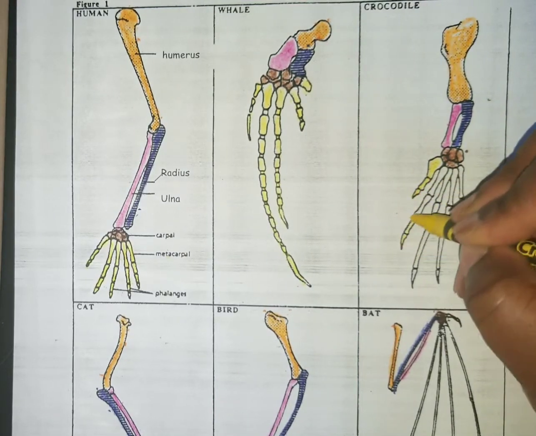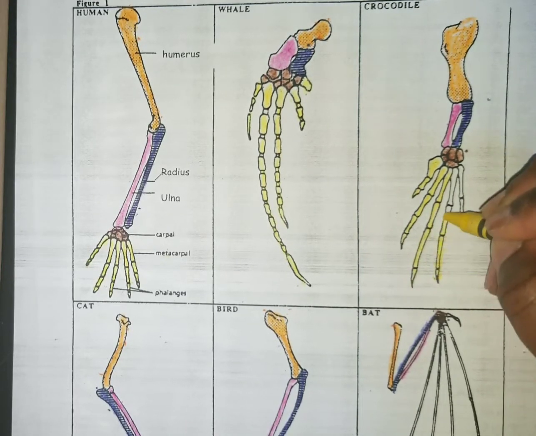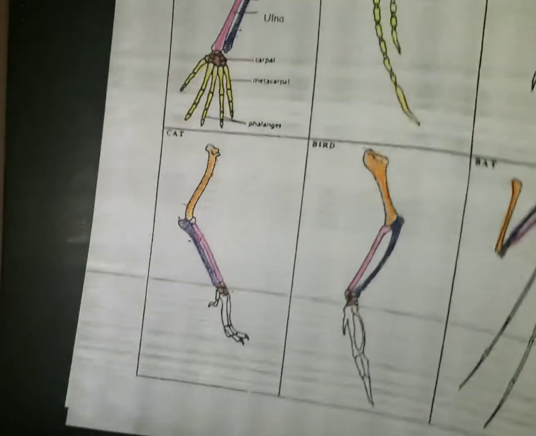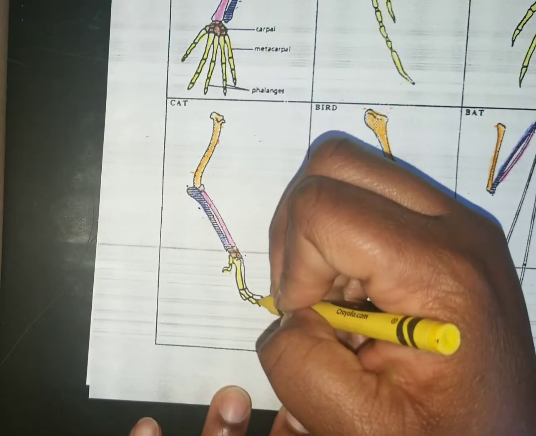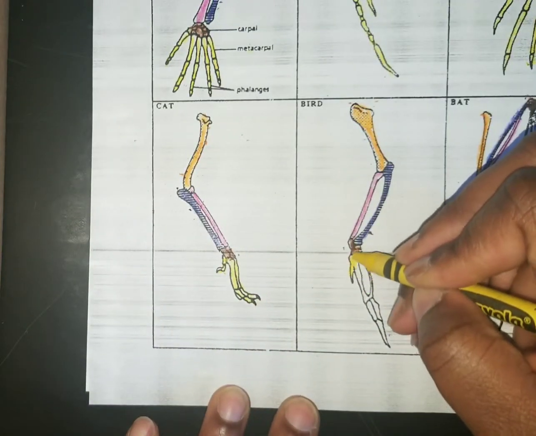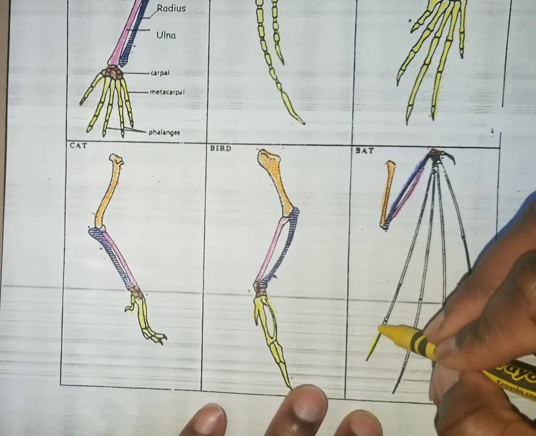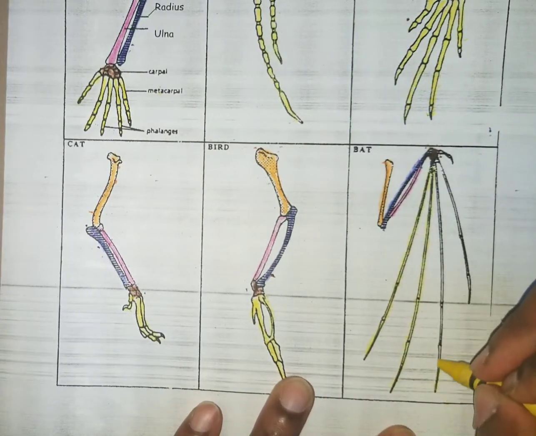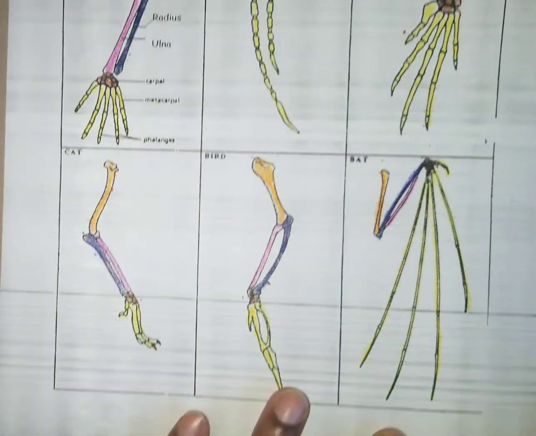Looks like a thumb. Ooh, these are really long. Okay, now I have to flip back to the front side.